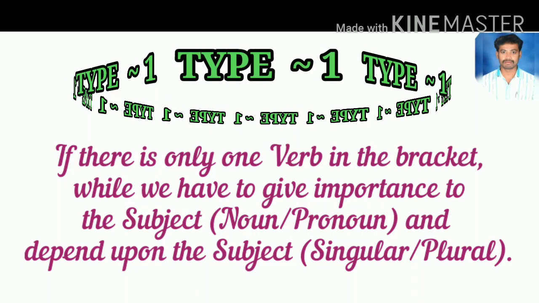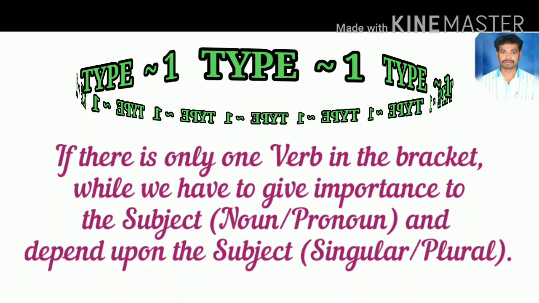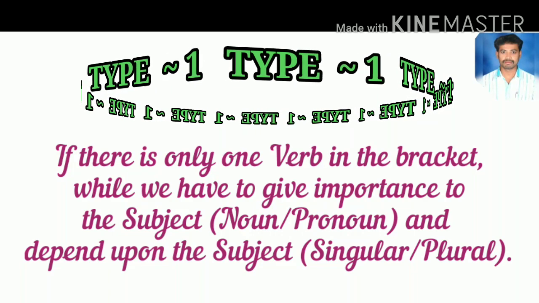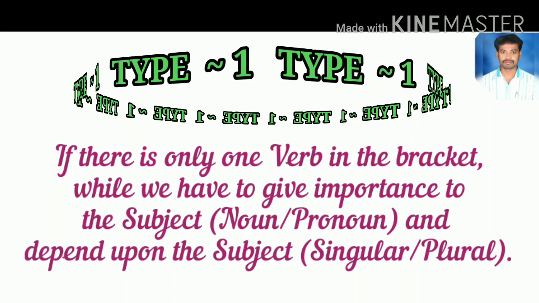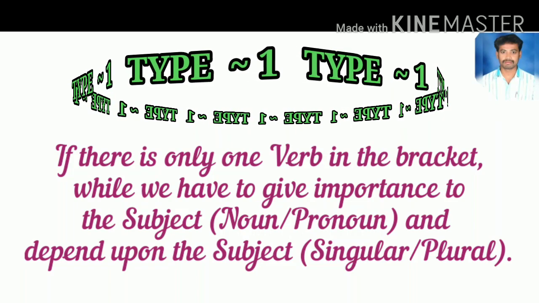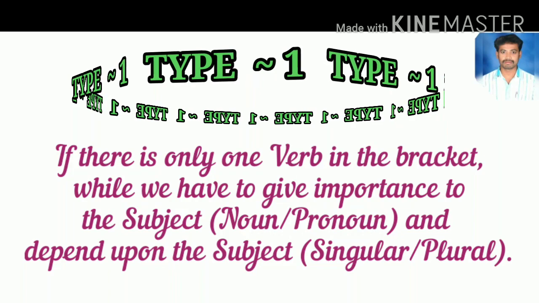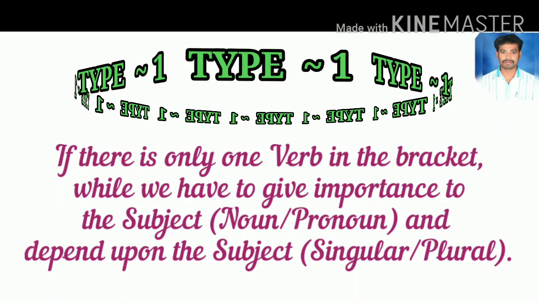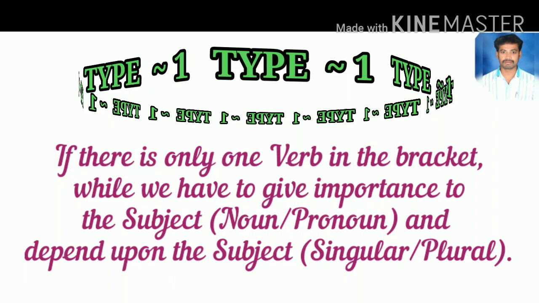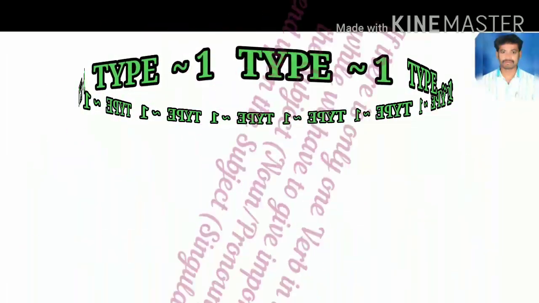There are 7 pronouns, but for nouns there are different types. Instead of a pronoun we may use a noun, or instead of a noun a pronoun. Depending upon the subject, whether it is singular or plural, we are going to write.